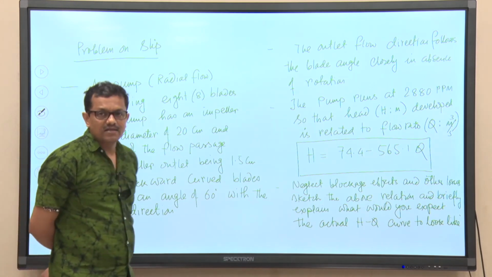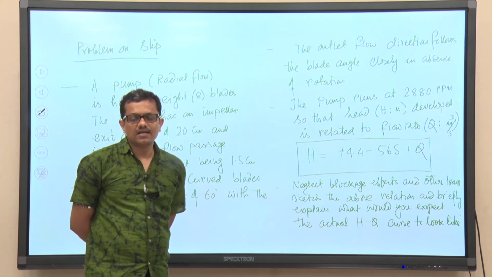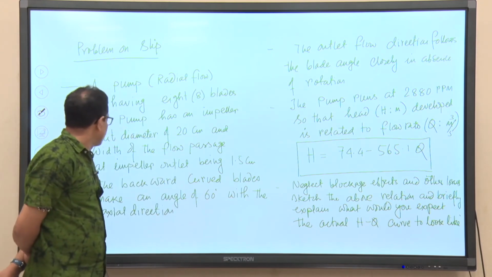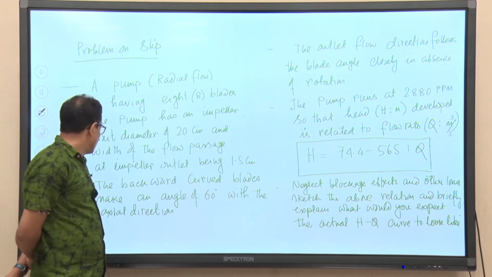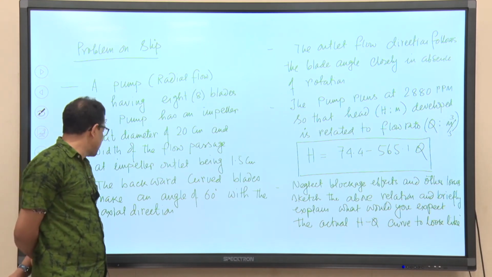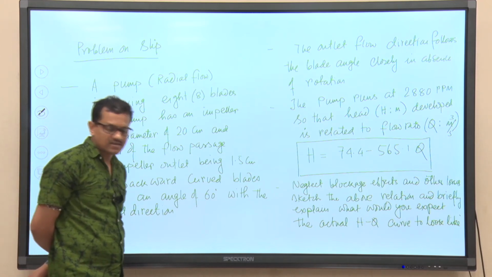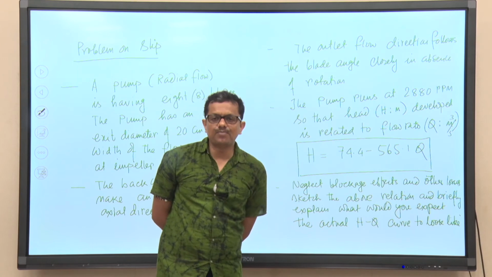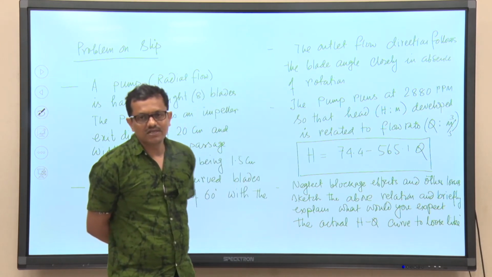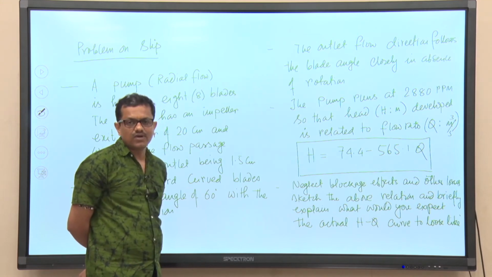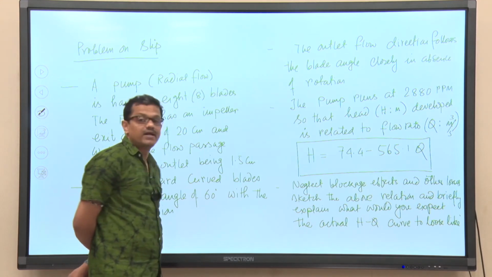The second statement given is that the blades in the pump impeller are backward curved blades, which make an angle of 60 degree with the axial direction. We will draw the pump impeller as well as the velocity triangles both at the inlet and outlet, and from there we will try to understand what this statement is.